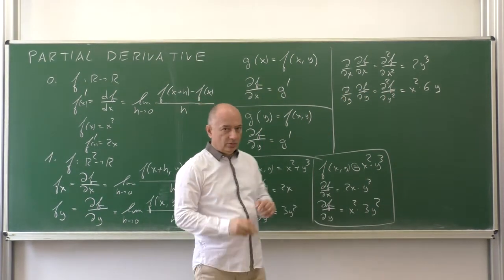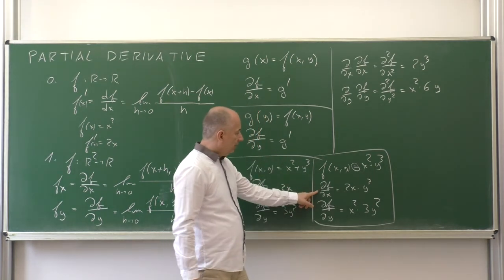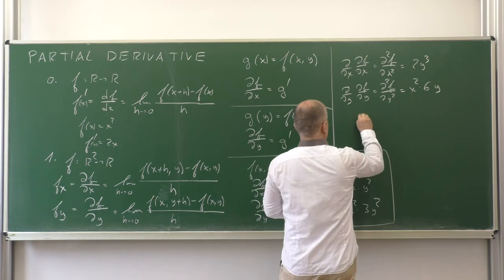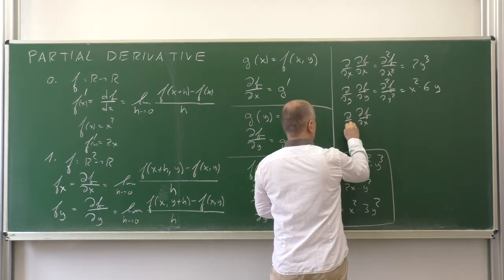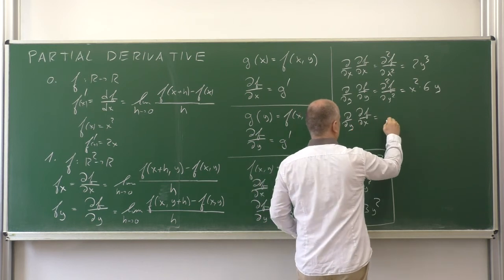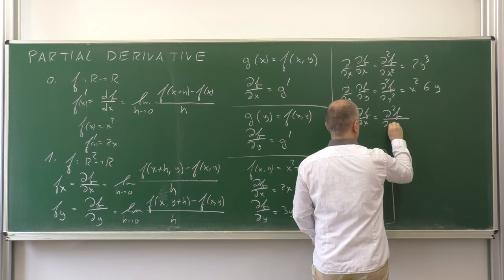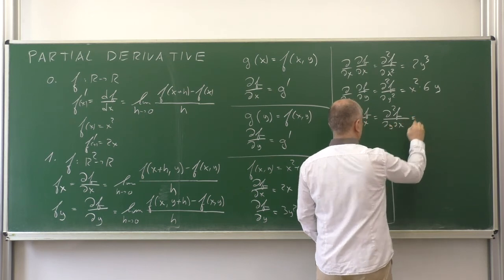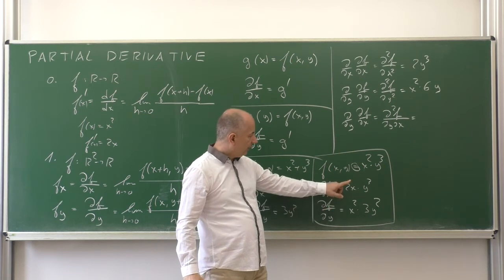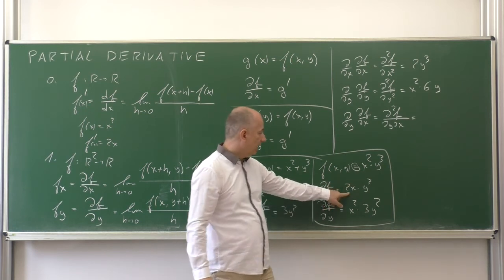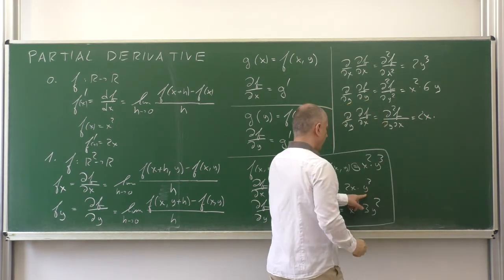But we can also consider the mixed second order derivative. We can consider the function df dx and differentiate with respect to y, which is d2f dy dx. And if we differentiate this with respect to y, we have 2x times 3y squared.